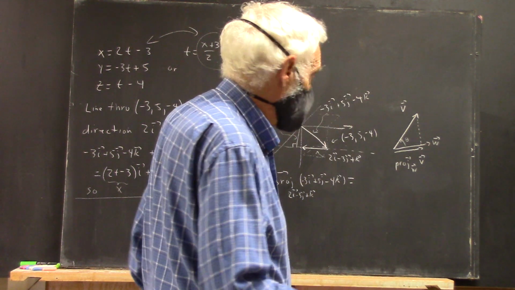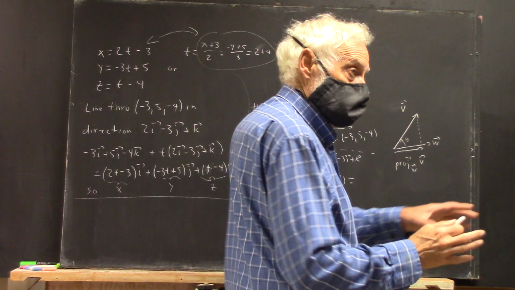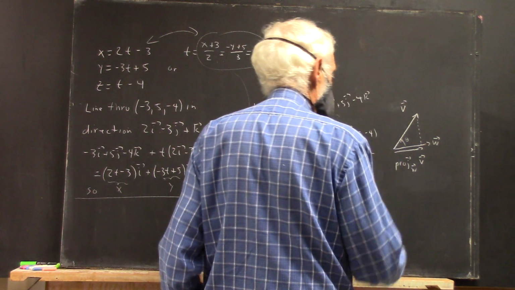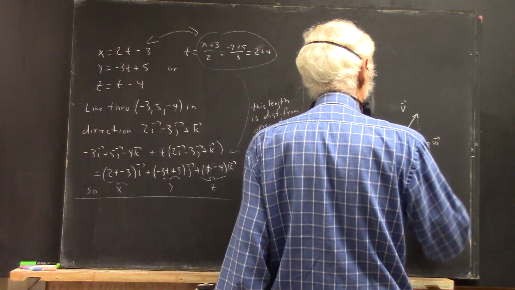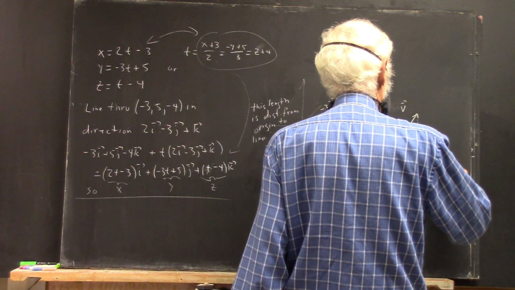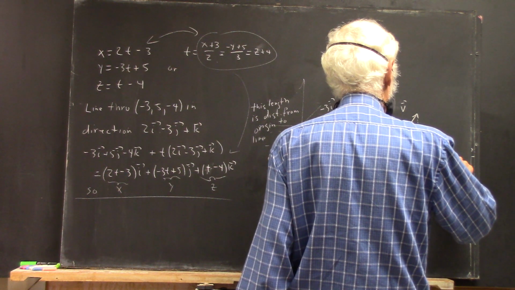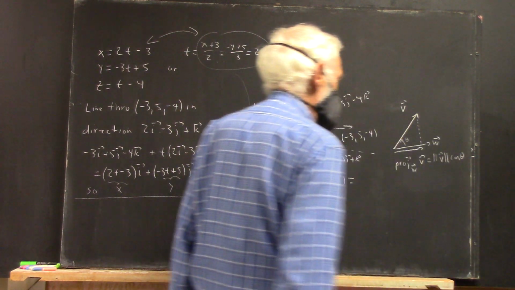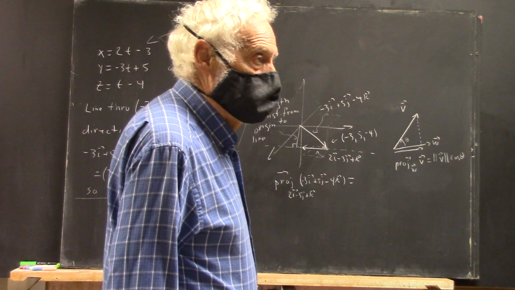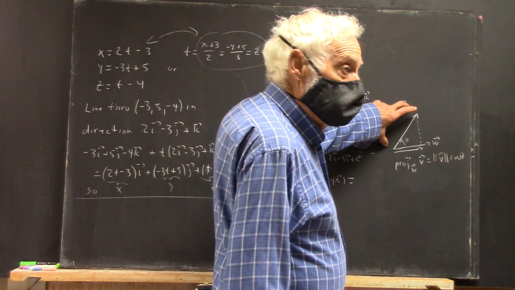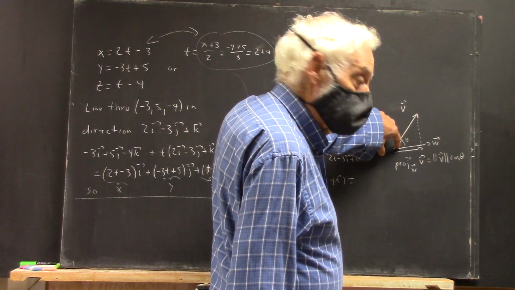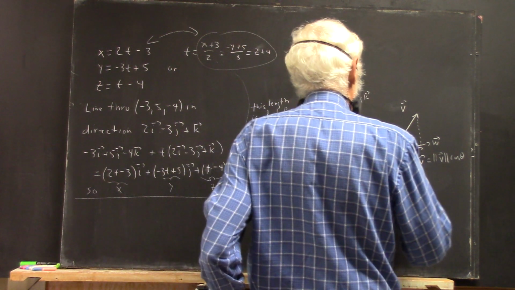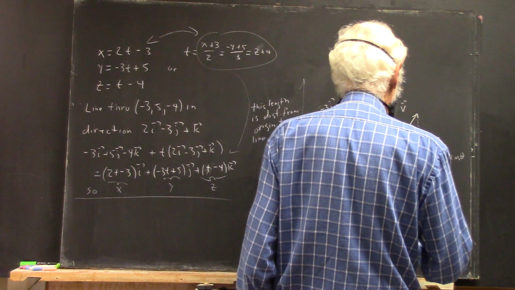We're using theta for the angle between the two vectors, as usual. It's pretty clear that the magnitude of this projection is the magnitude of v cosine theta. There's your hypotenuse. This side is the adjacent side to the angle. Just your cosine. Okay, there's your projection.